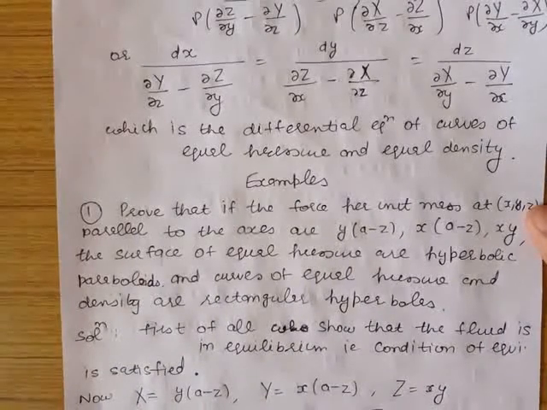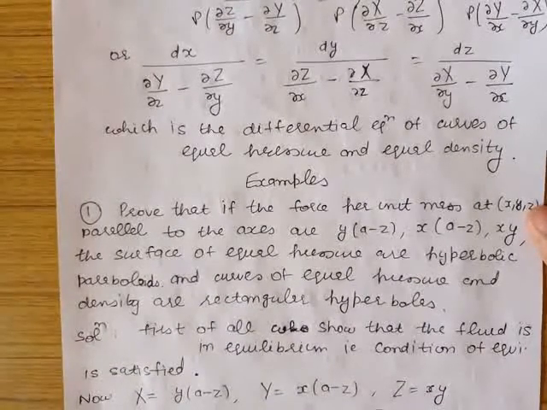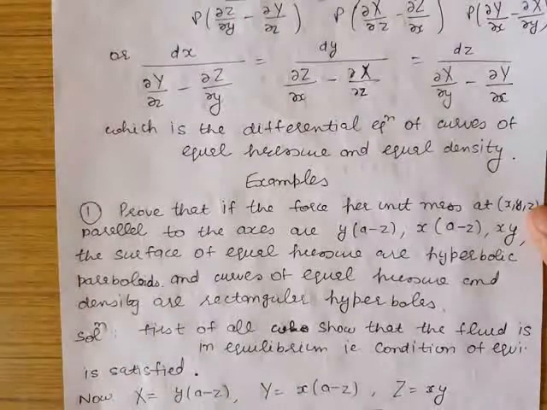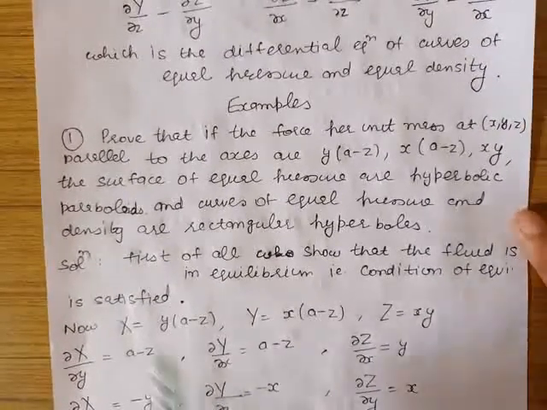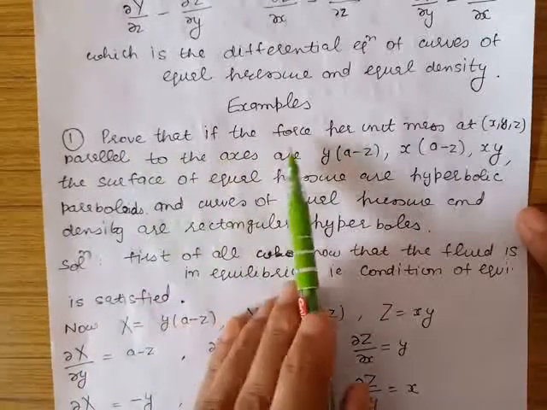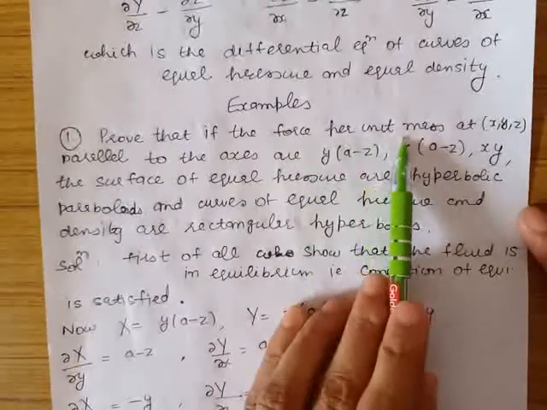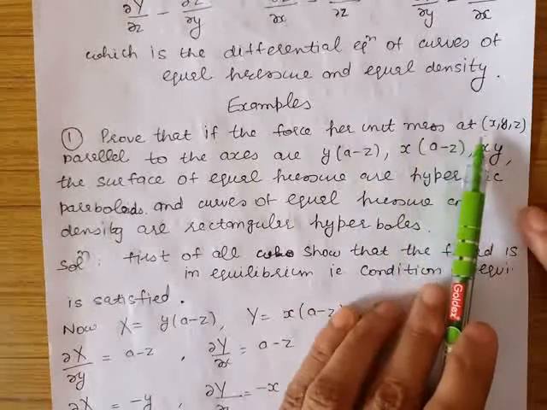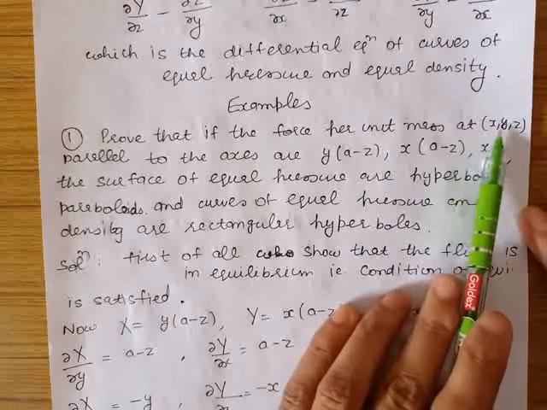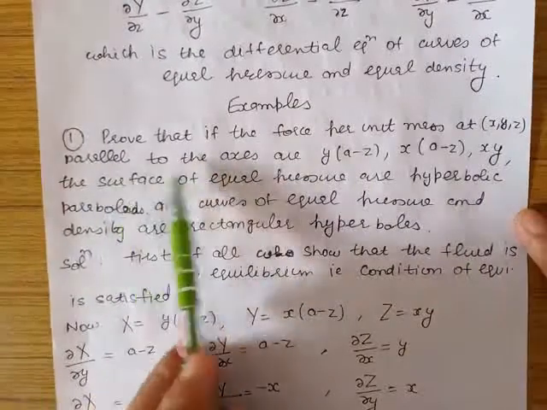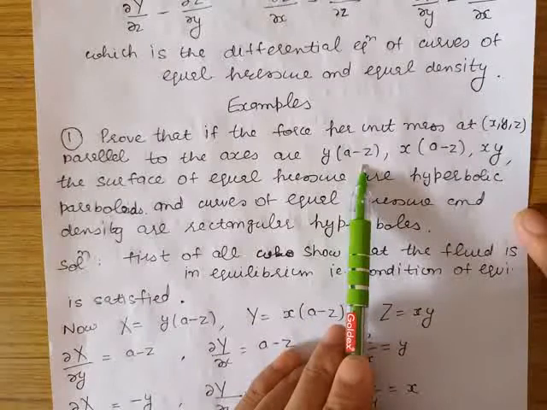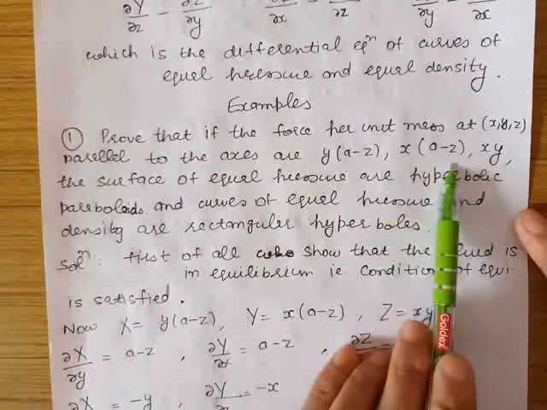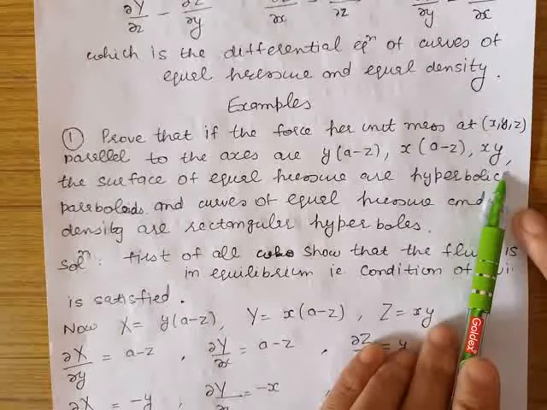Now let us discuss some examples based on these articles. Our first example is: prove that if the force per unit mass at the point having coordinates x, y, z parallel to the axes are y(a − z), x(a − z) and xy.